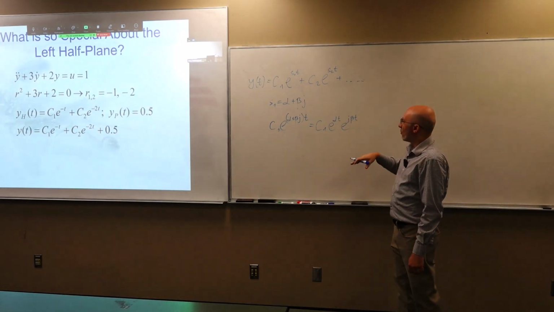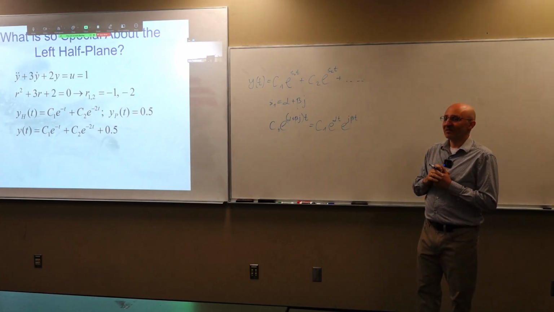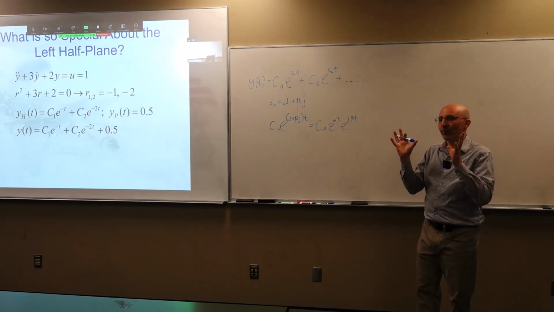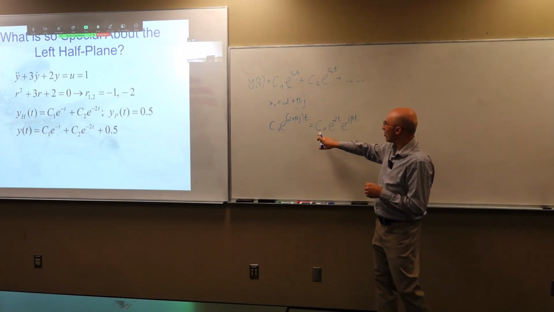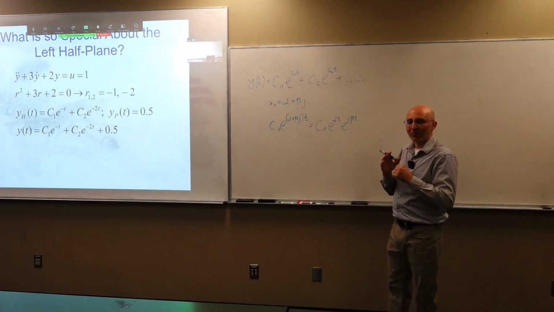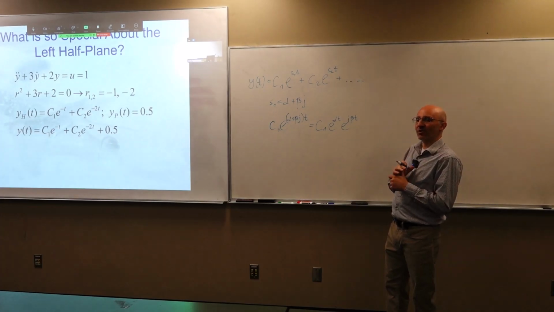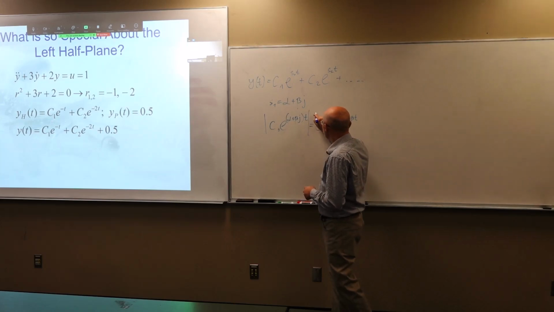So what does it mean to diverge? This means that the magnitude of that output y will go to infinity. So we need to compute the absolute value of that thing to know the magnitude of that term. Like, is it going to infinity or is it not going to infinity? So what would be the absolute value of that thing?